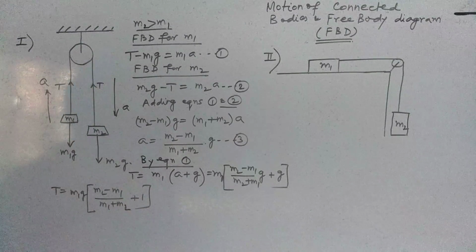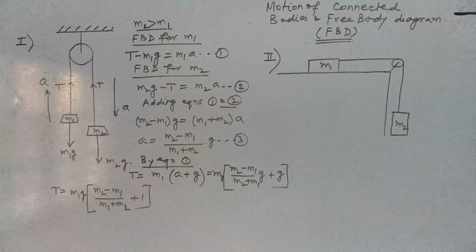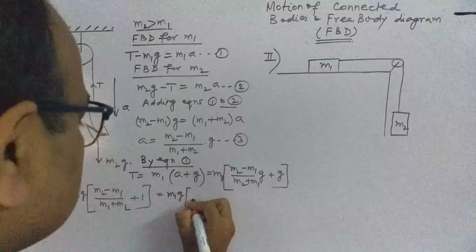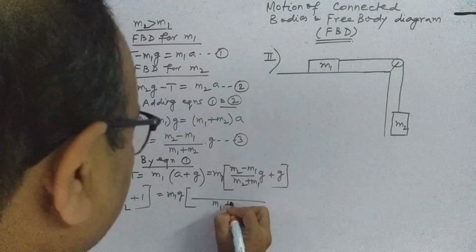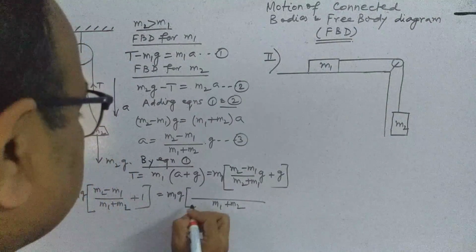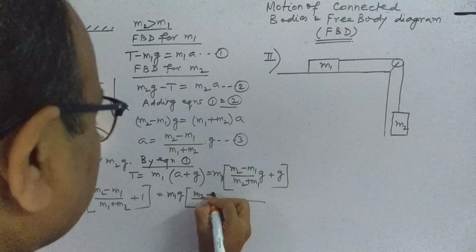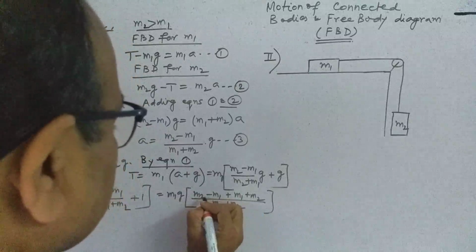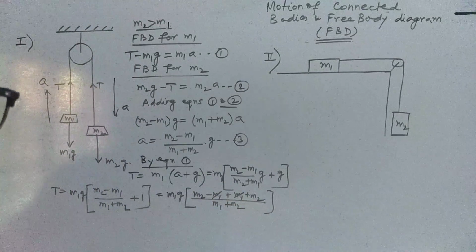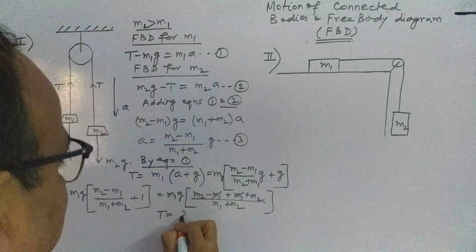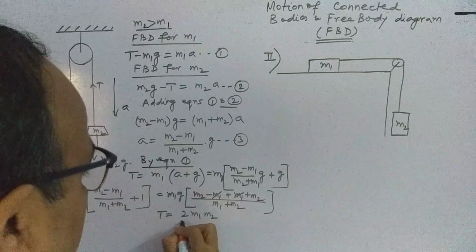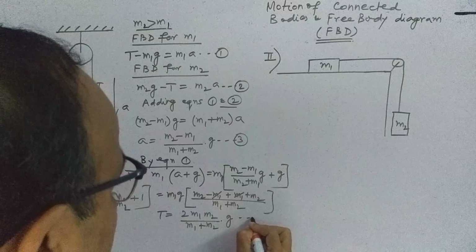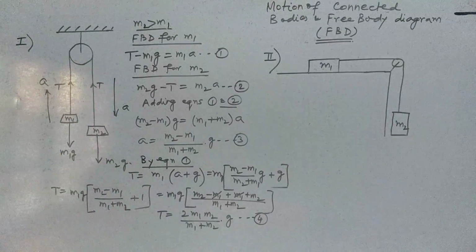Look, plus 1. I can write it like this, or it can be written as M1 into G as it is. Here it is M1 plus M2. Here it is M2 minus M1 plus M1 plus M2. Here M1 cancels. So ultimately the value of T, what I am getting, twice M1 M2 by M1 plus M2 into G. I write this equation number 4.